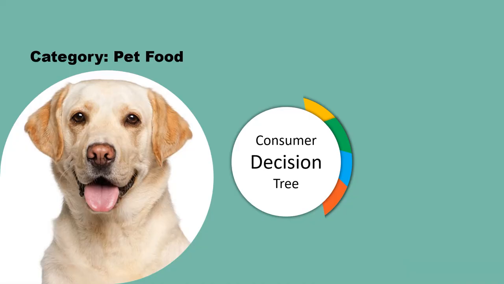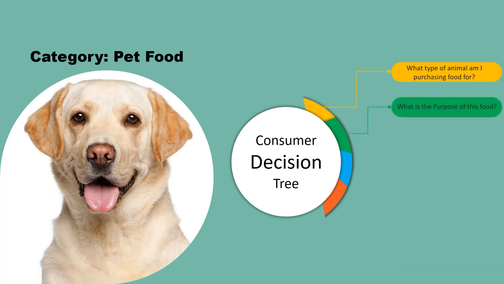Let me give you a simple example. Let's take a category called pet food. When it comes to pet food, a consumer needs to take 4 important decisions before they purchase. First, what type of animal they are buying the food for.